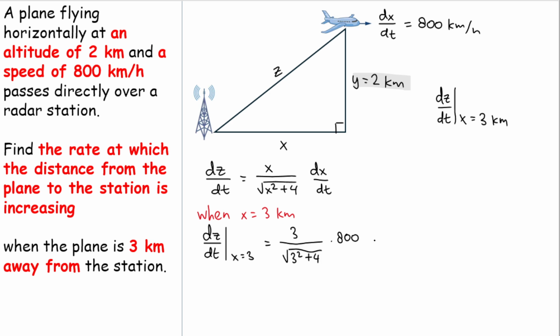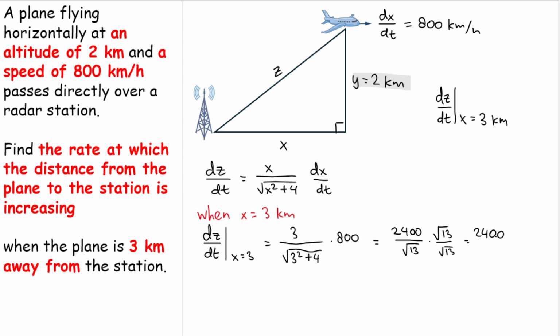That will equal 2400 divided by the square root of 9 plus 4, so the square root of 13. I want to rationalize this, so we multiply by the square root of 13 over the square root of 13.